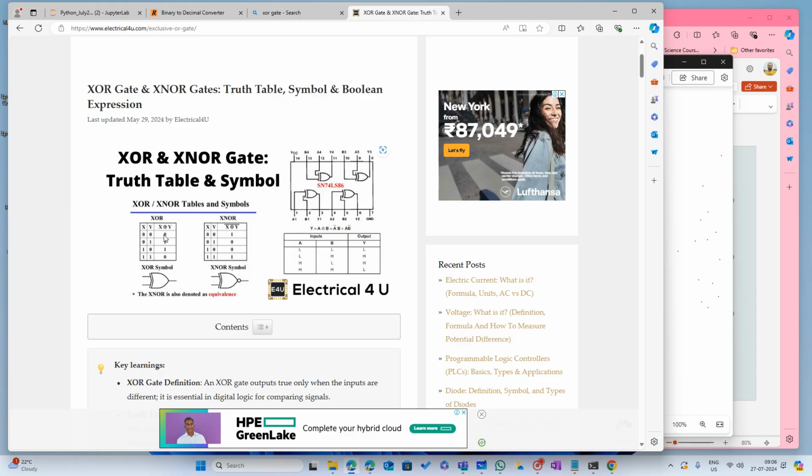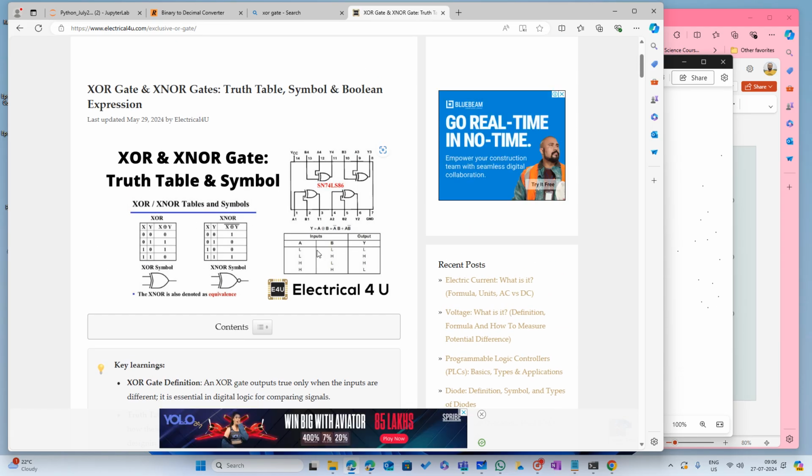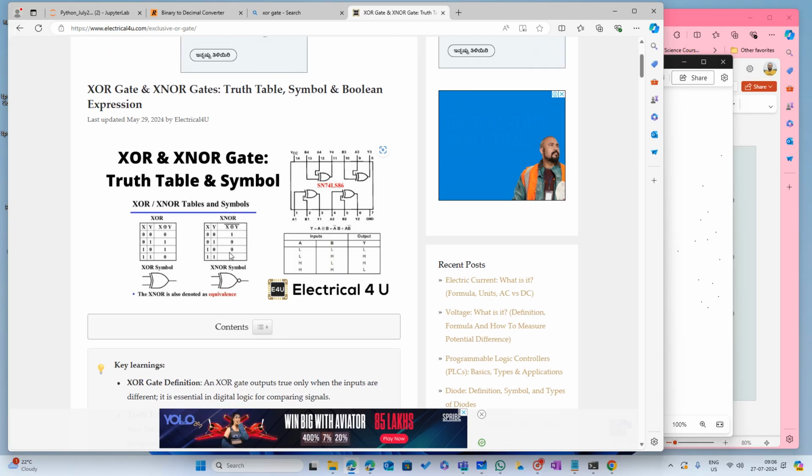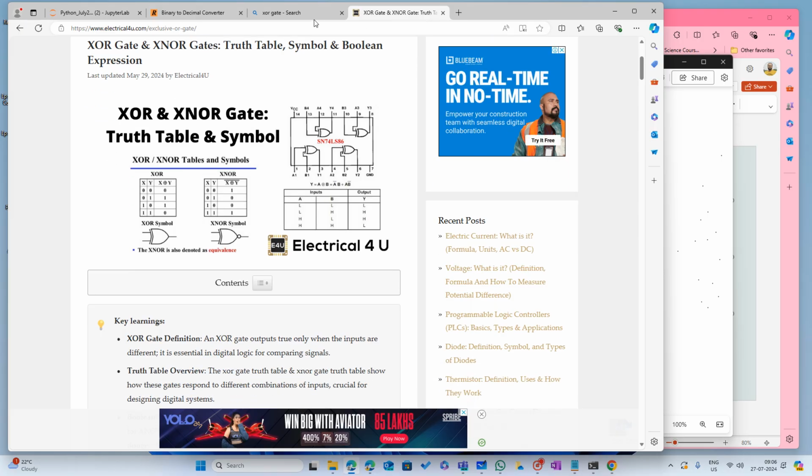Wherever the values are the same, you will get 0. Wherever values are different, you will get 1. That's just how the design is at chip level, at semiconductor level. So don't break your head over how it is doing it, how these values are coming. Don't worry much about that. Just understand that all these changes are at semiconductor level.